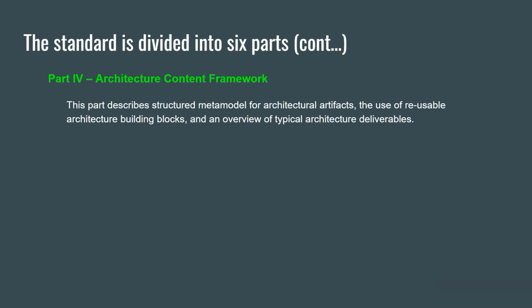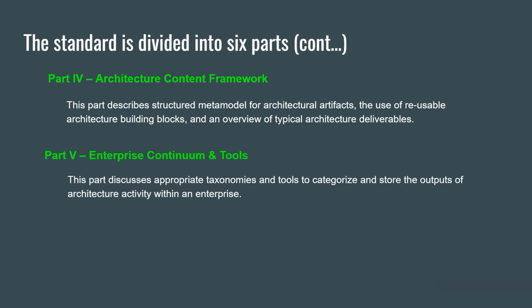Part 4 is the architecture content framework, and this part specifically describes a structured meta model for the artifacts that are going to be produced as part of this standard and framework. It also demonstrates how to use reusable architecture building blocks, and typical architecture deliverables are also described here.